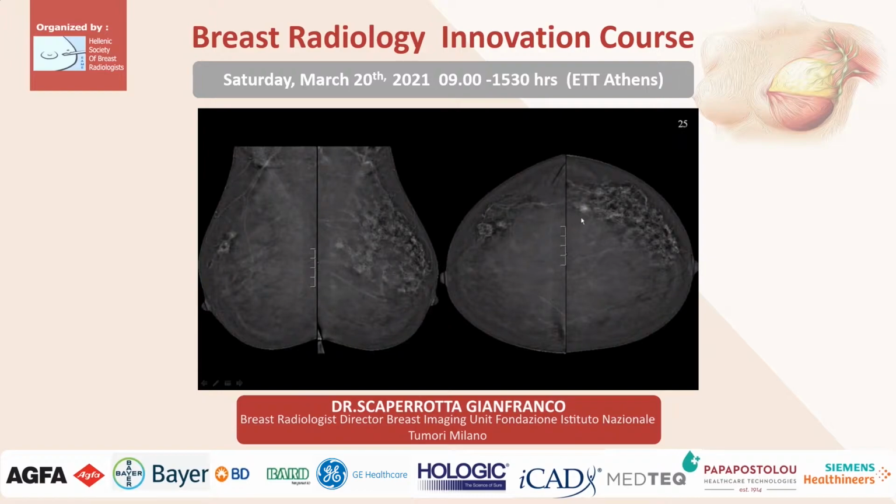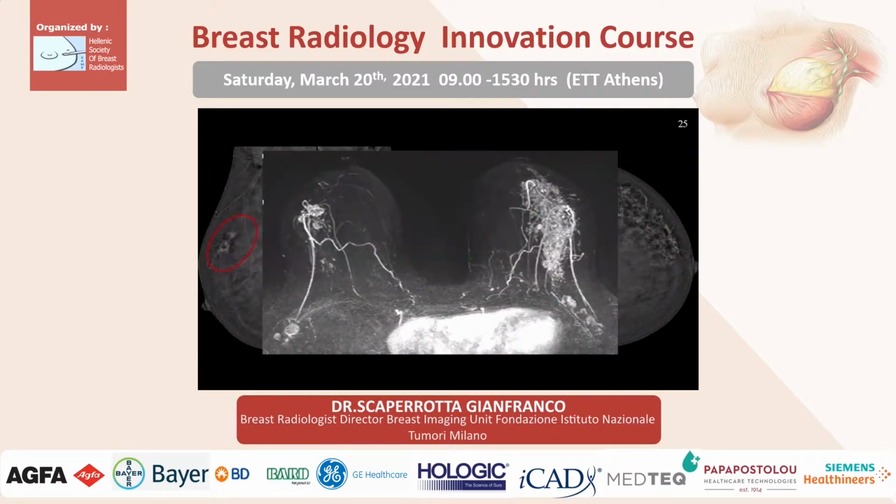Extension disease, but it's important to see a particular enhancement in the breast. So in this situation, this is invasive cancer, but it's important to see another cancer in the other breast too, bifocal disease. In the MRI, the situation is the same.